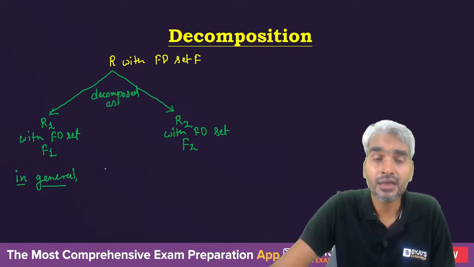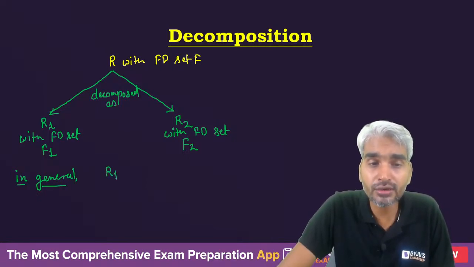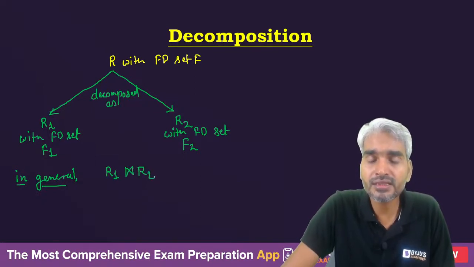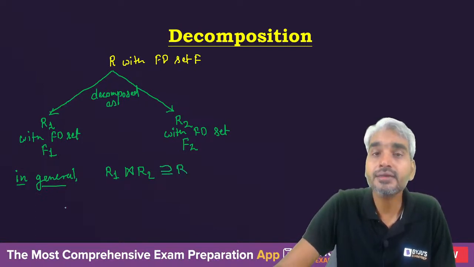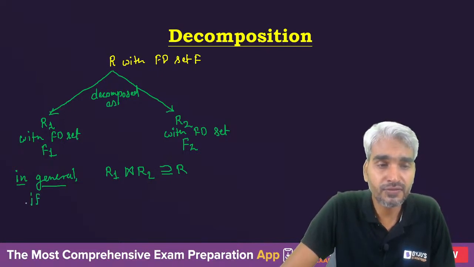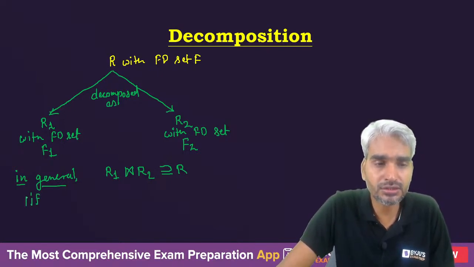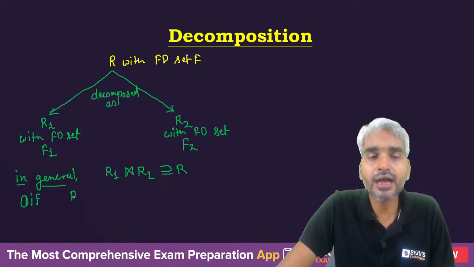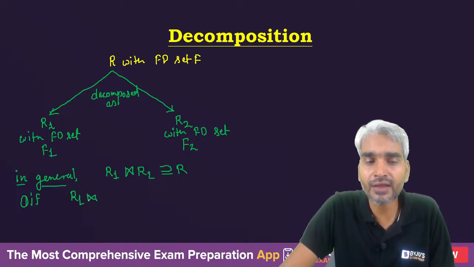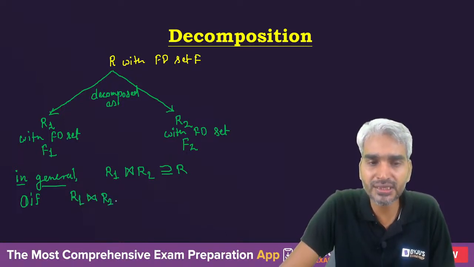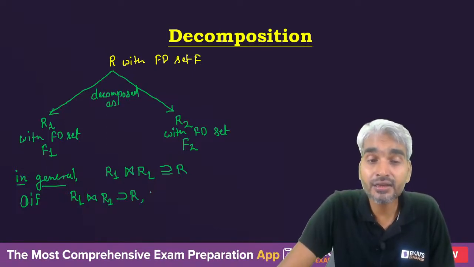In general, if you perform the natural join of R1 with relation R2, then this natural join will be a superset of or equal to relation R, right? Now, first, if the natural join of R1 and R2 is a superset of R, then we say lossy decomposition.